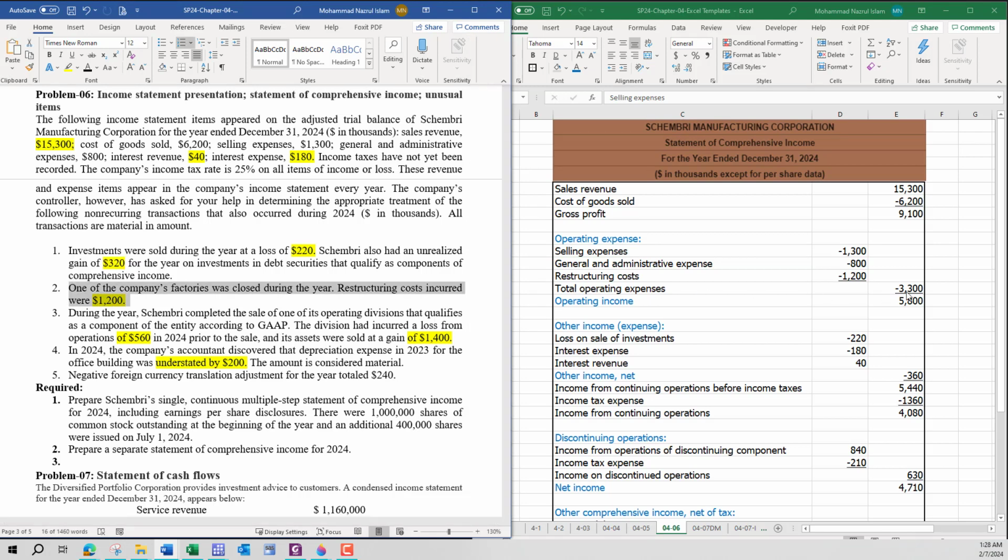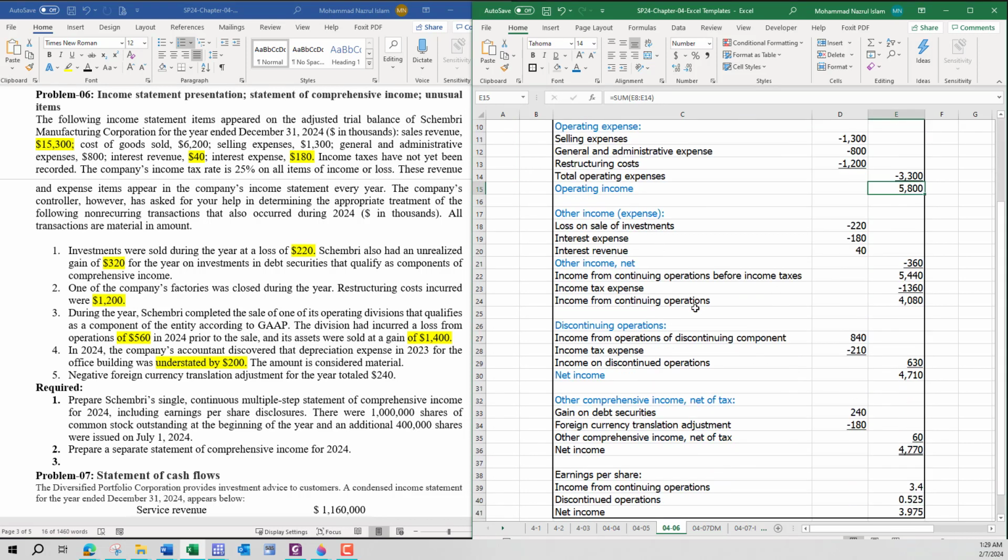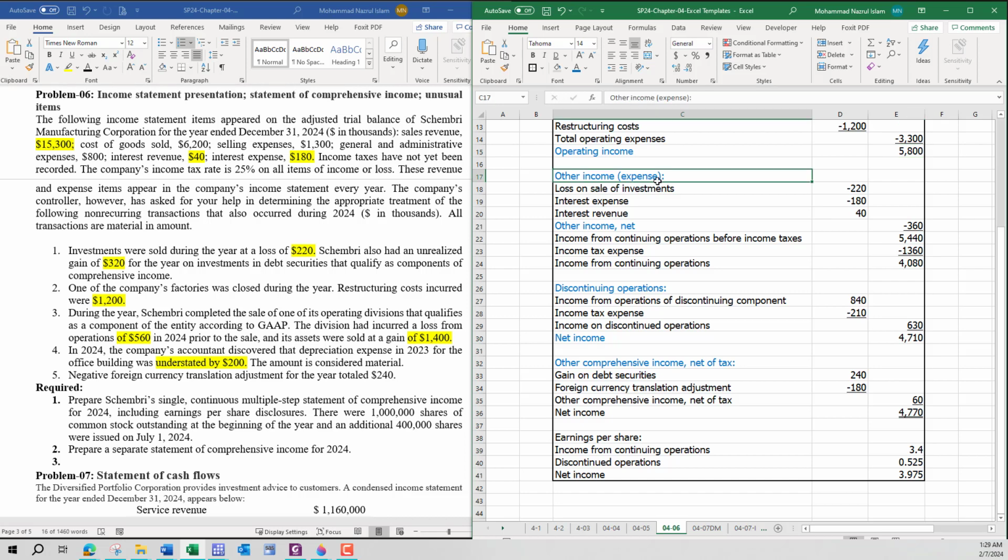The total operating expense is 3,300. After subtracting this, we find 5,800 operating income.